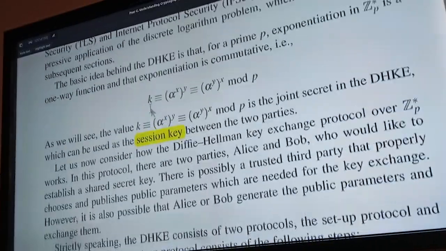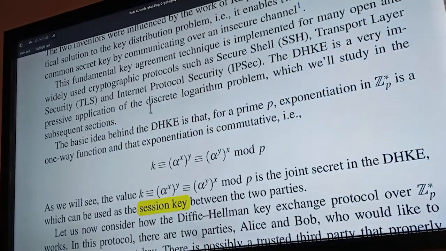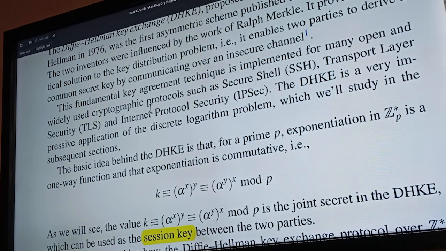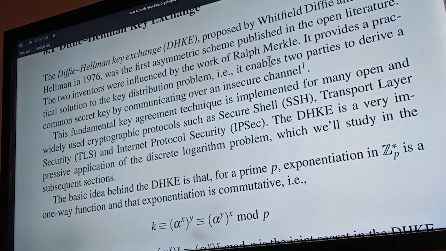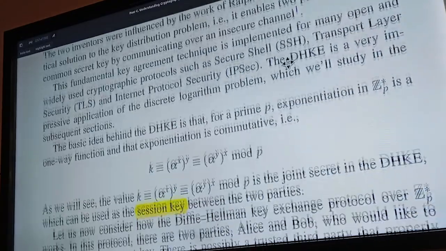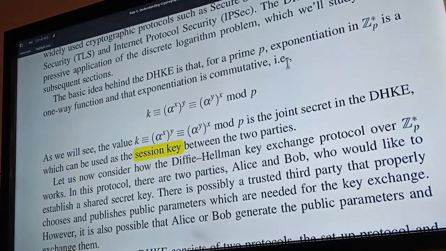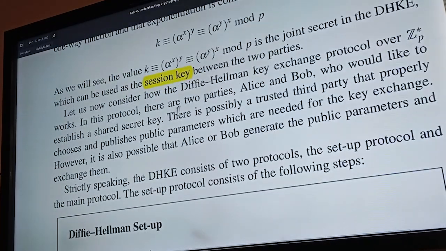So let's go up a little bit so I can show you something here. It's the idea that there is a third party. These domain parameters are not just chosen randomly.